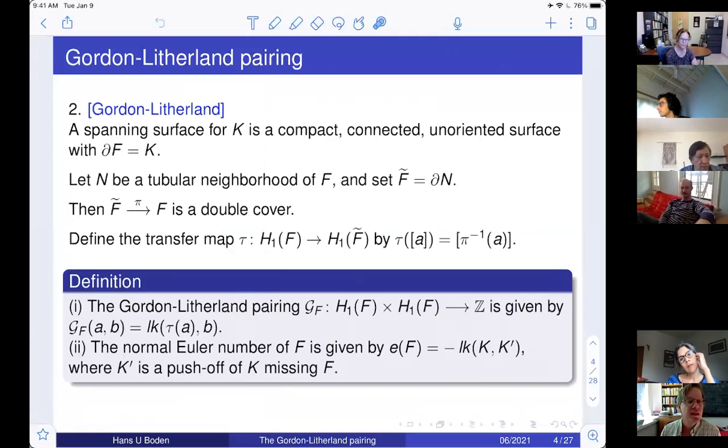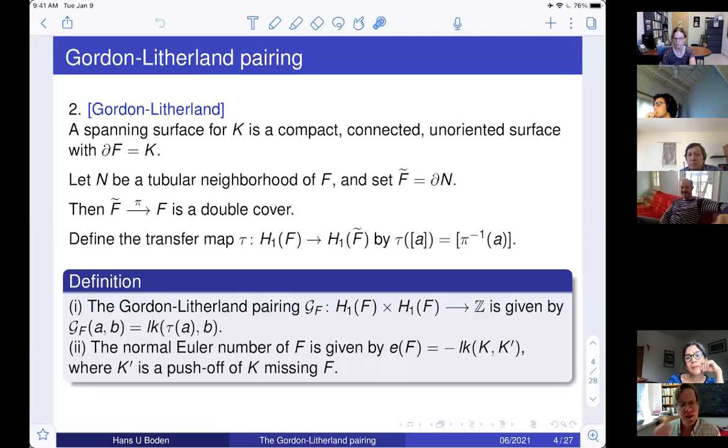So for the rest of the talk, F will be an unoriented surface with boundary the knot, okay? And they gave really a formula for the signature in terms of the signature of an associated pairing plus a correction term. So let me try and describe the pairing and the correction term.